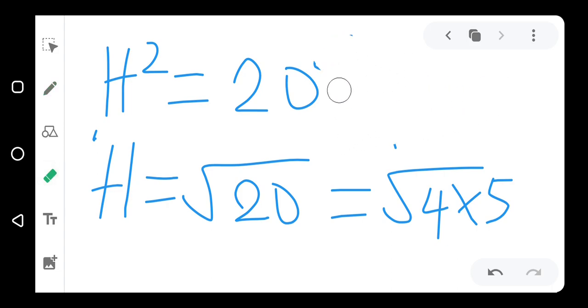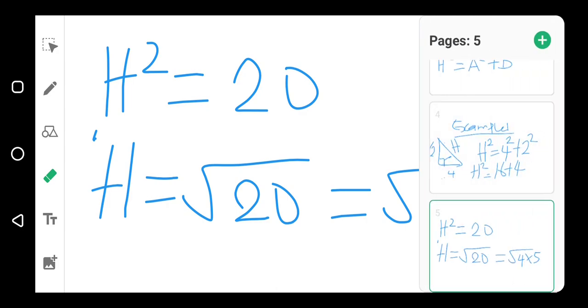Now, anytime you are trying to look for the square root of something, check if there is a perfect square inside it. Then you bring it out, find the root of it and write it. Then the other ones that you cannot get their square roots, just write the square root along with it as the final answer. Now, what I mean by this is this.